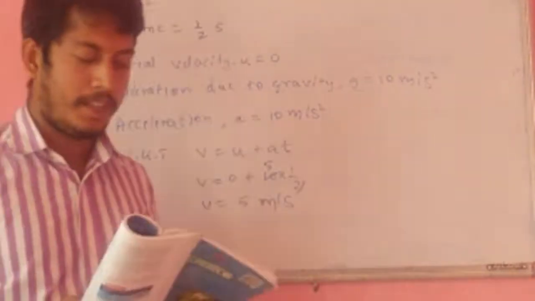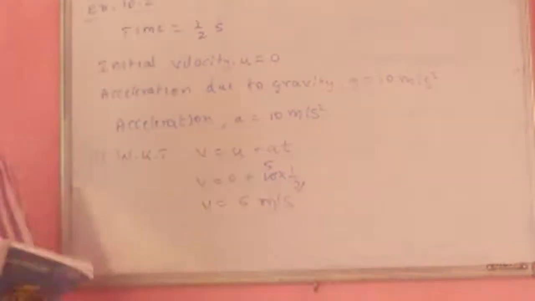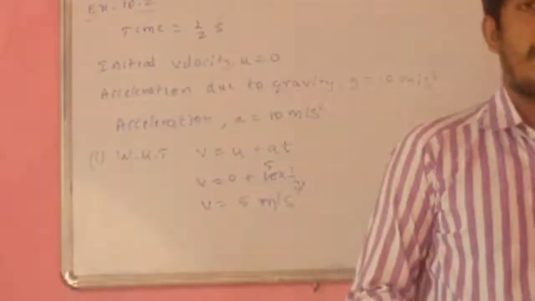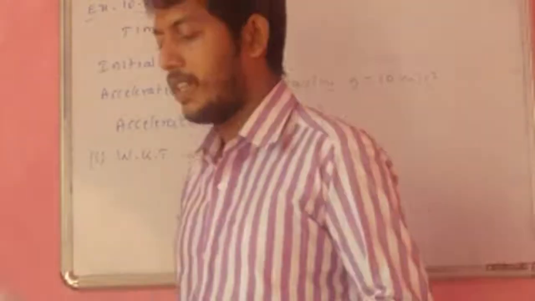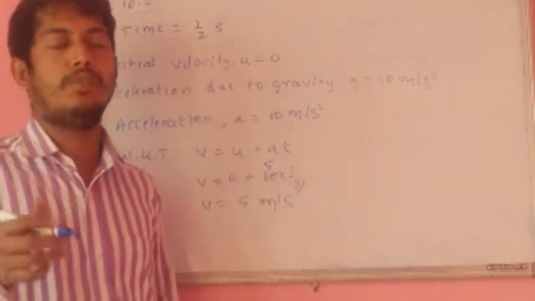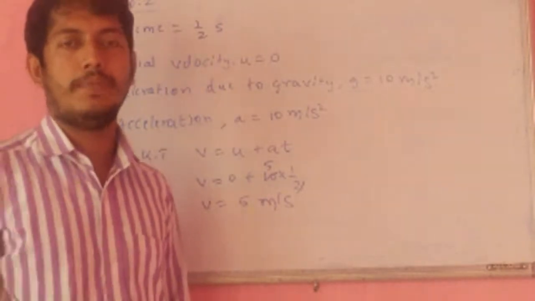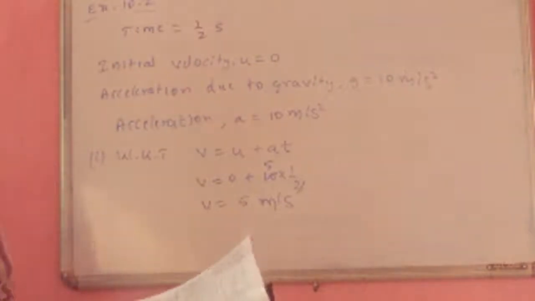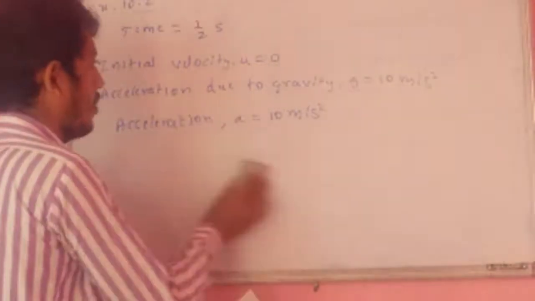Now the second part is we have to find what its average speed is during the 0.5 second. Average speed equals initial velocity plus final velocity divided by 2. Okay, I will solve the next sub question.